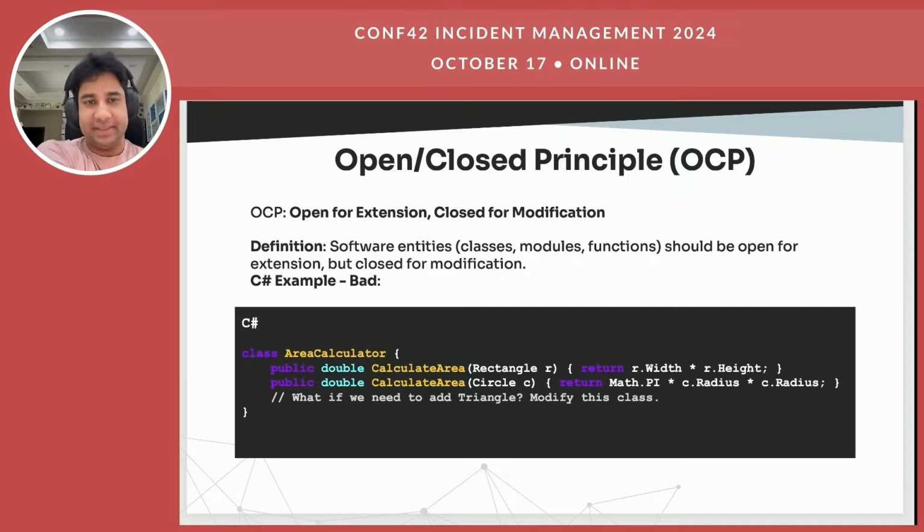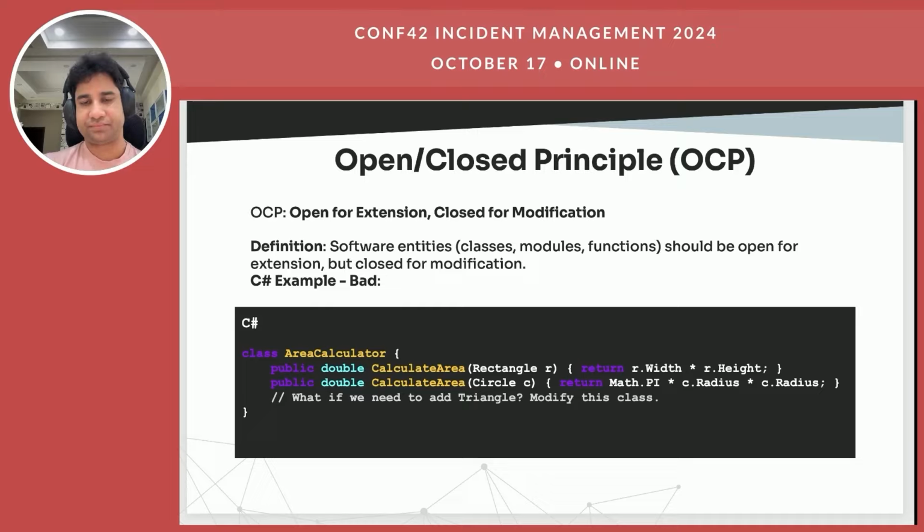So let's look at this example, which is an area calculator. And here we have two functions which are overloaded, and they take an instance of rectangle R and a circle C. And in both the cases, we see that the calculation of area is implemented, but they're quite different.